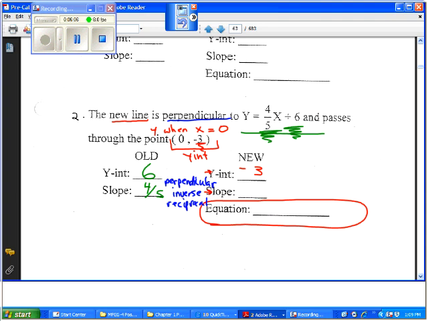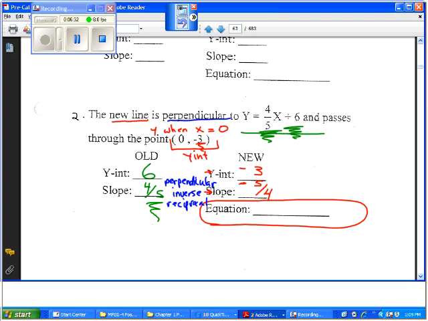Now, the old slope was 4/5, and I need the inverse reciprocal. So the inverse part tells me to do what? Change the sign to a negative. It was a positive 4/5. The inverse part of that inverse reciprocal phrase means change the sign. The reciprocal part says flip the 4/5 over to 5/4.